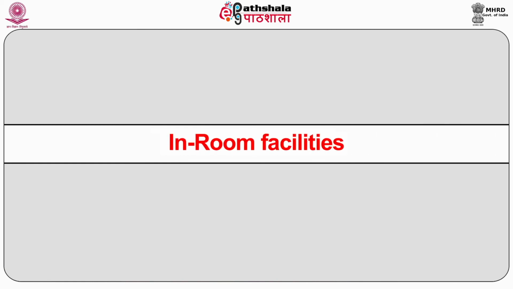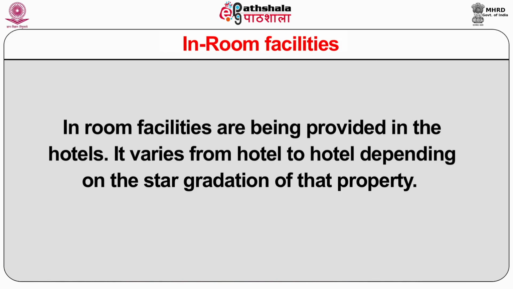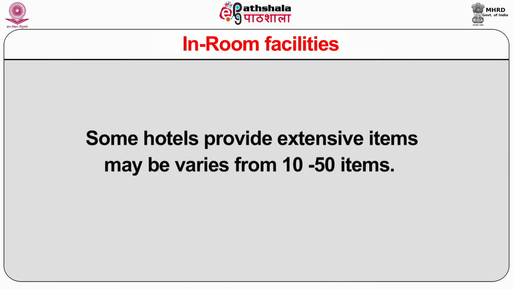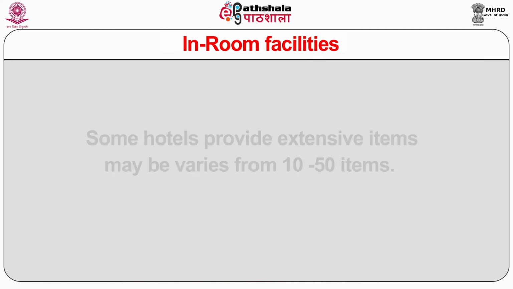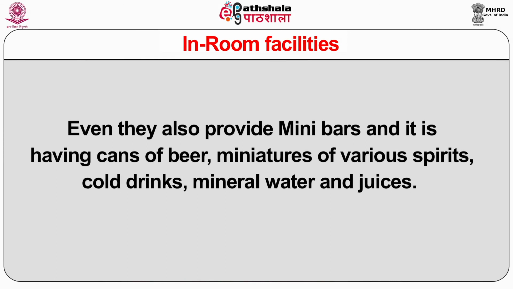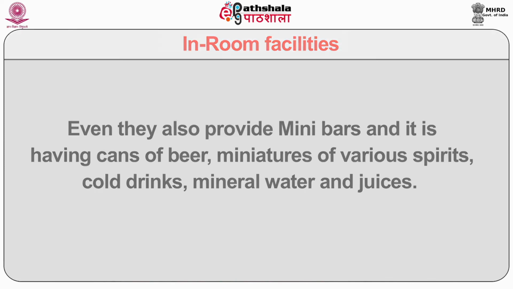Now, in-room facilities. In-room facilities are provided in the hotels. It varies from hotel to hotel depending on the star gradation of that property. Some hotels provide extensive items, maybe varying from 10 to 50 items. They also provide mini bars containing cans of beer, miniatures of various spirits, cold drinks, mineral water and juices.